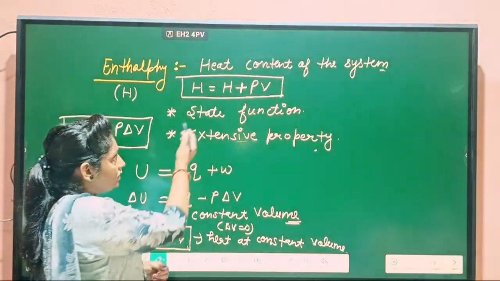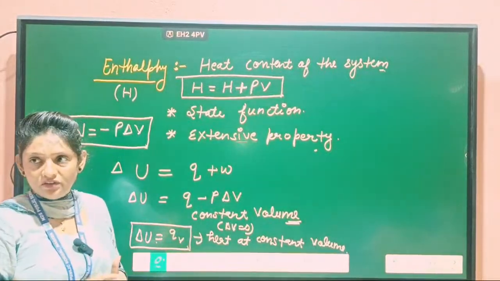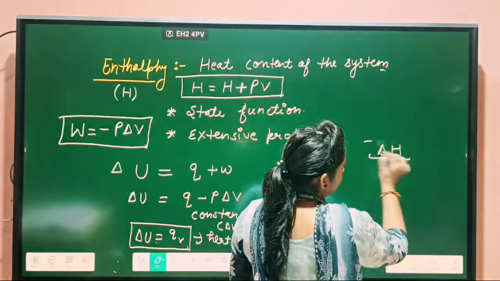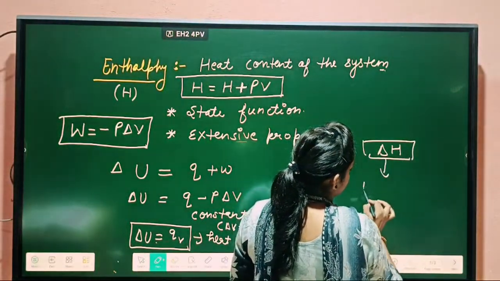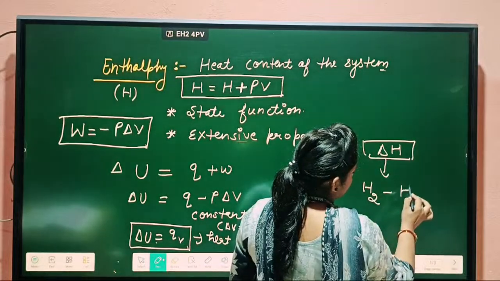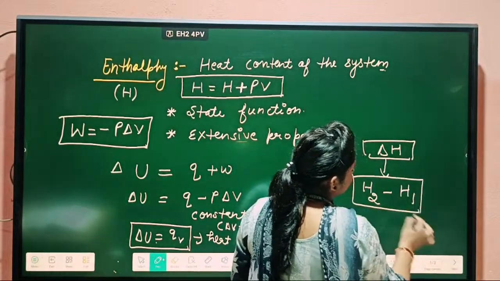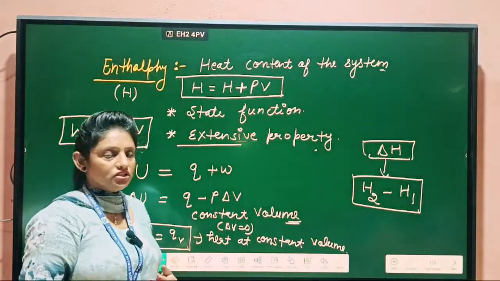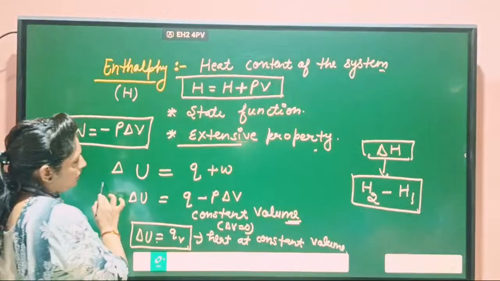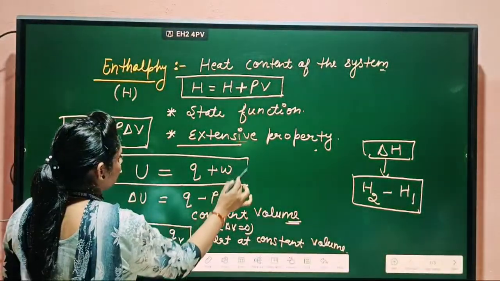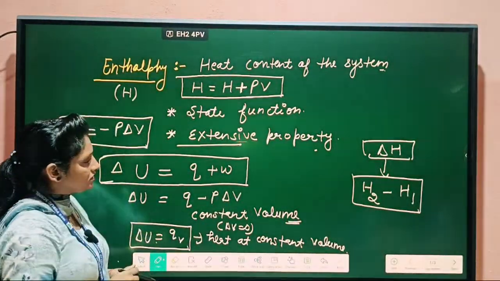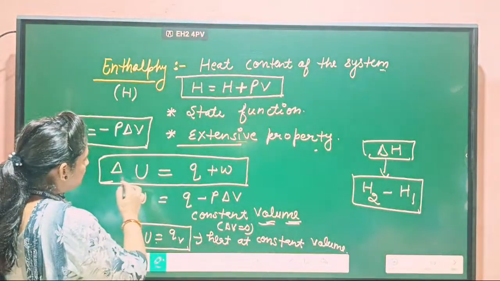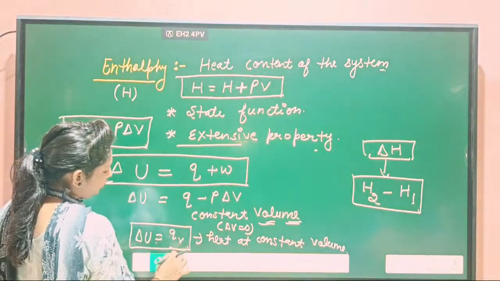It is a state function, so we can write del H, means final and initial state. It is an extensive property. This one is the internal energy expression. If you are having constant volume, then you can write del U is equal to QV.